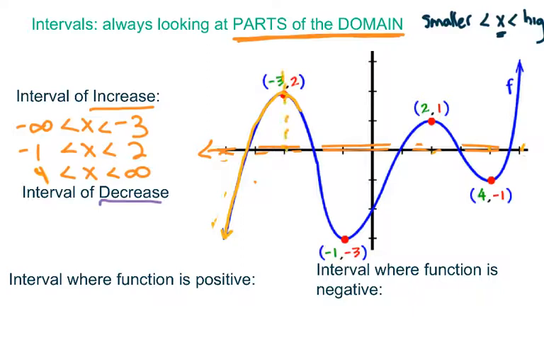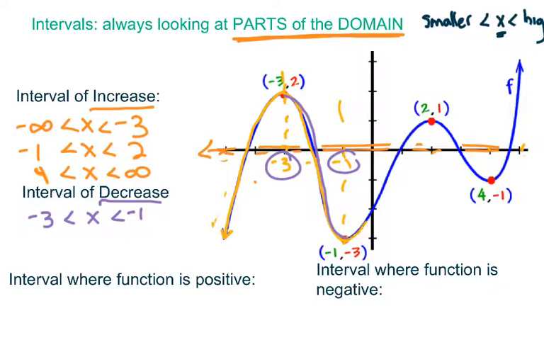I continue to go down until I get here and turn again. Okay, so this is at -1 and -3. So -3, because we always start with a smaller number first. -3 less than x less than -1. -3 to -1, from here to here.